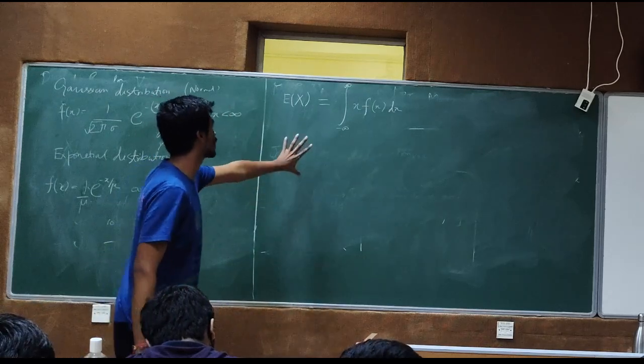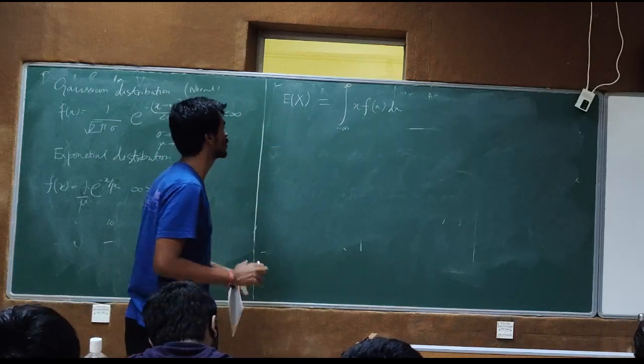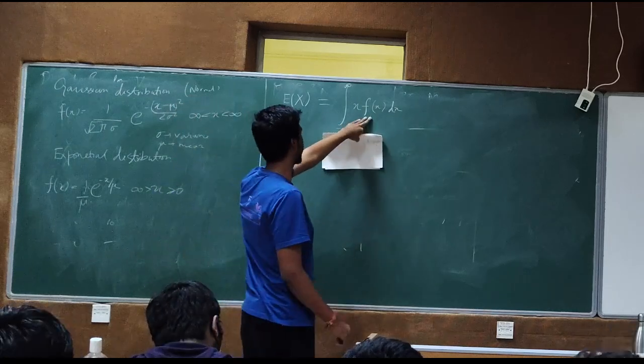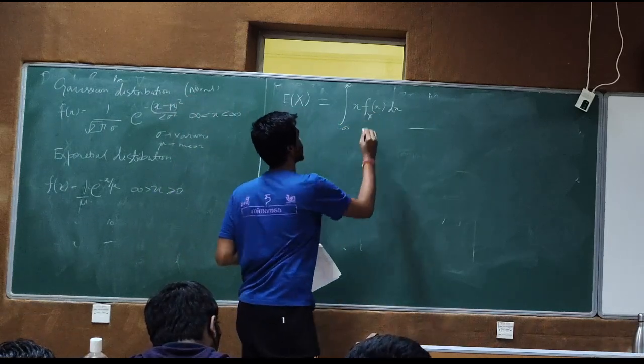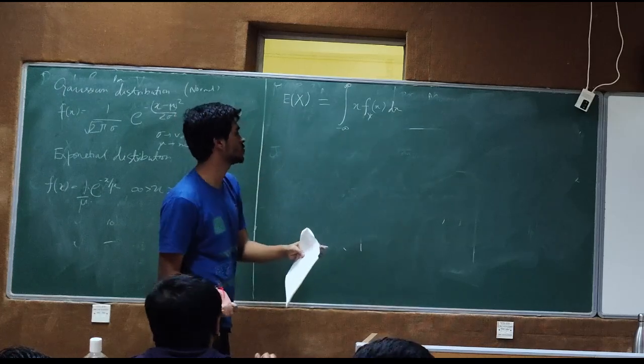So this is called the expectation value of the random variable x, and it gives you the mean value of the distribution.